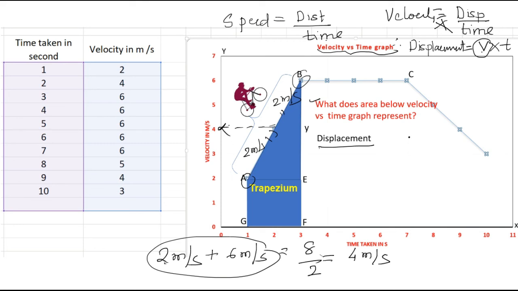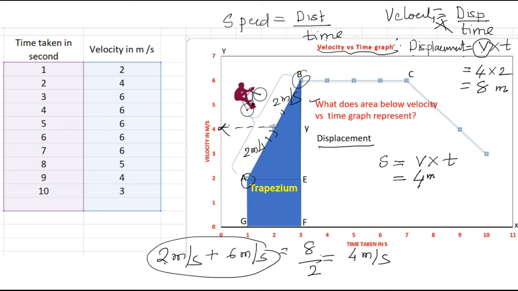So now displacement, if you want to calculate, average velocity, that is 4 meter per second, into time, that is 2, that is equal to 8. Since it's a displacement, its unit will be meter, right? And why it comes meter, let me explain again here. Displacement, I am using word S, is equal to V into T, right? And that is equal to 4 what? V is 4 meter per second.